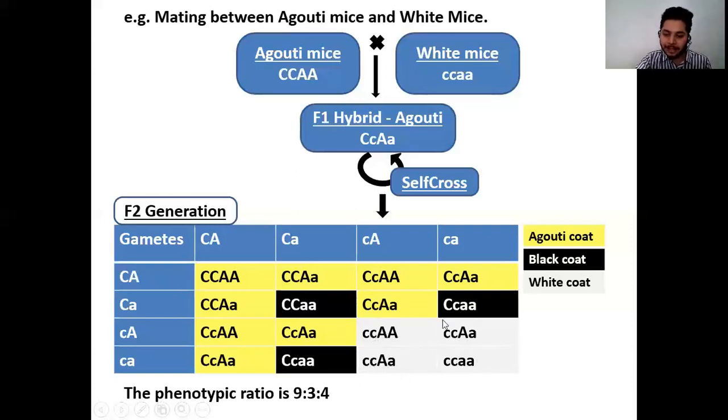So the 4 mice that are produced will be albino mice, and there will be no pigmentation in these mice. So such mice will have white coat color. Ultimately, the phenotypic ratio that you get in the F2 generation will be 9 agouti coat color, 3 black coat color, and 4 of them will be white coat color. So remember, for a recessive epistasis, the ratio is going to be 9:3:4.